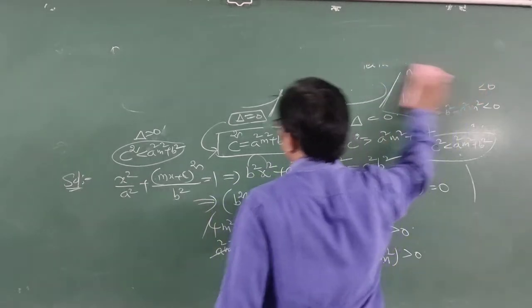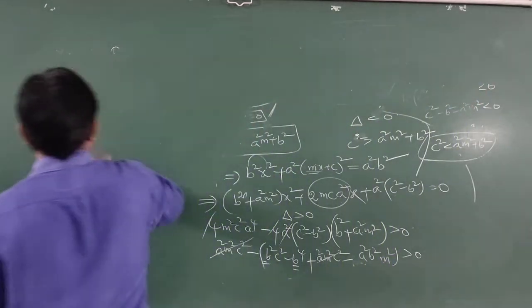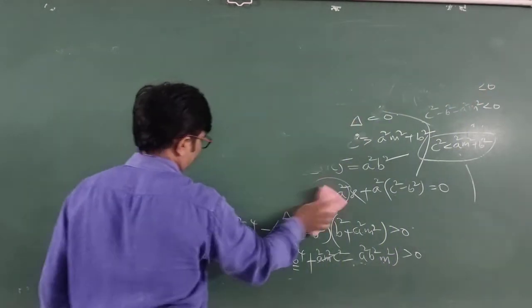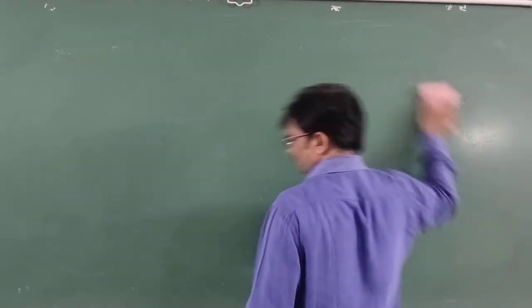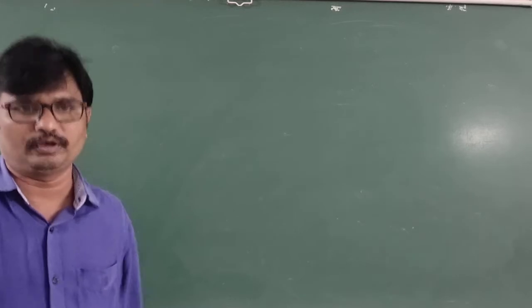there exist two tangents from the external point to the ellipse. What is it, students? There exist only two tangents. Now we know that in the circle also, two tangents can be drawn from an external point.